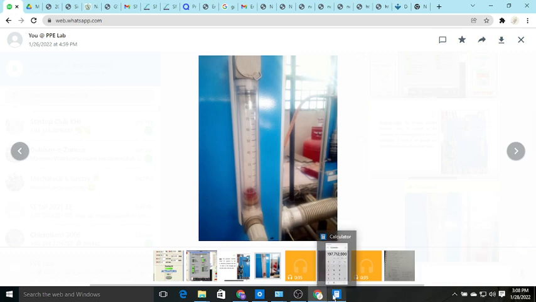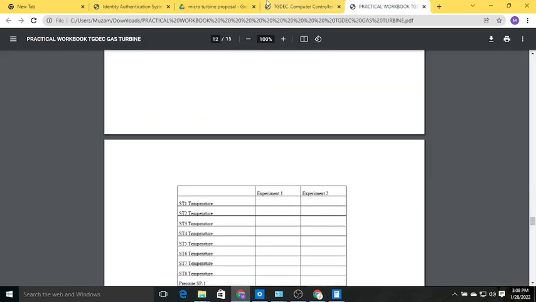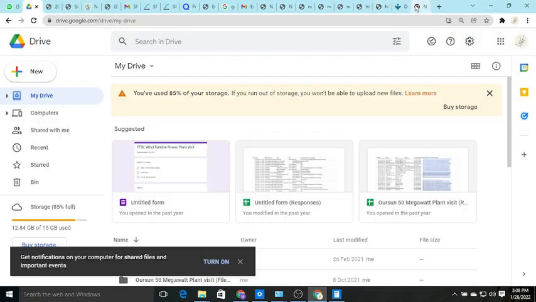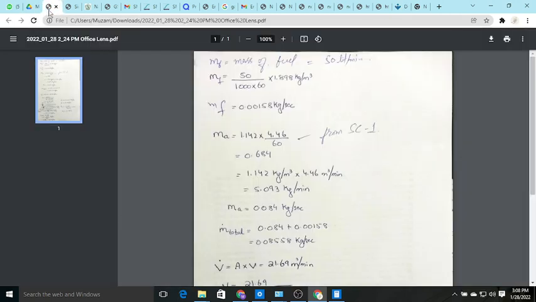Okay, so we have taken, yes, this is the reading. Let's suppose we take 50 liter per minute. So convert into kg per meter cube: divide by 1000 to get meter cube from liter, and 60 to get per second, and multiply by the density at that temperature.